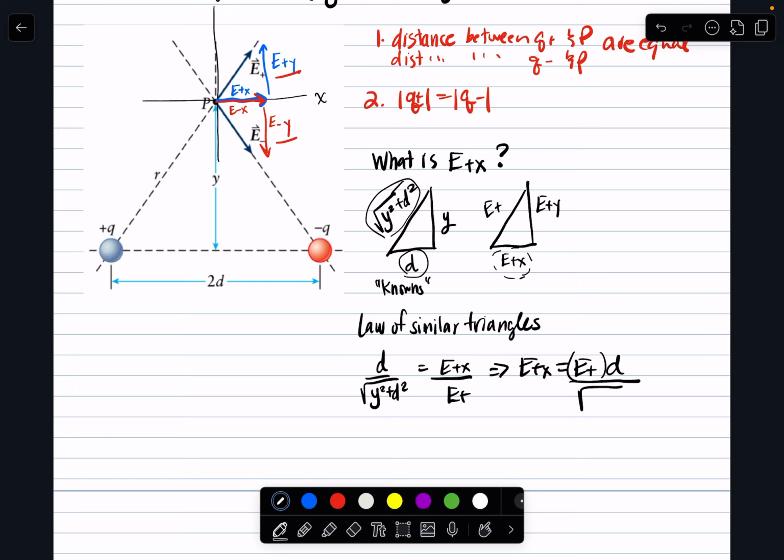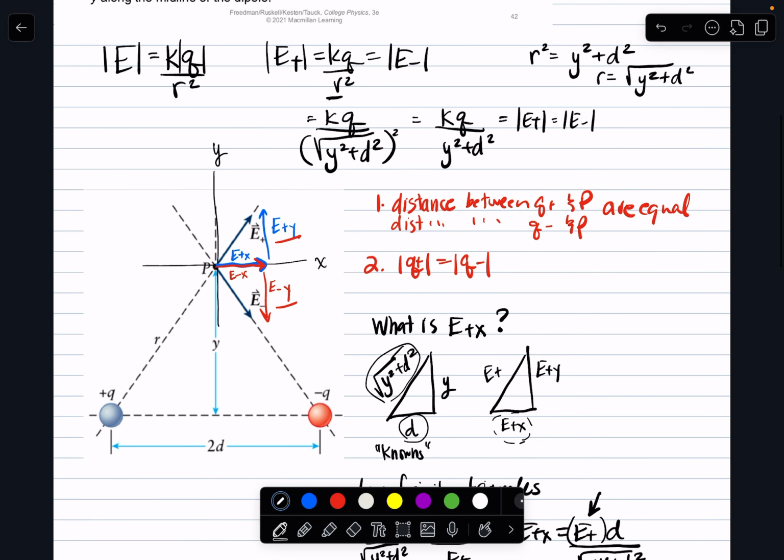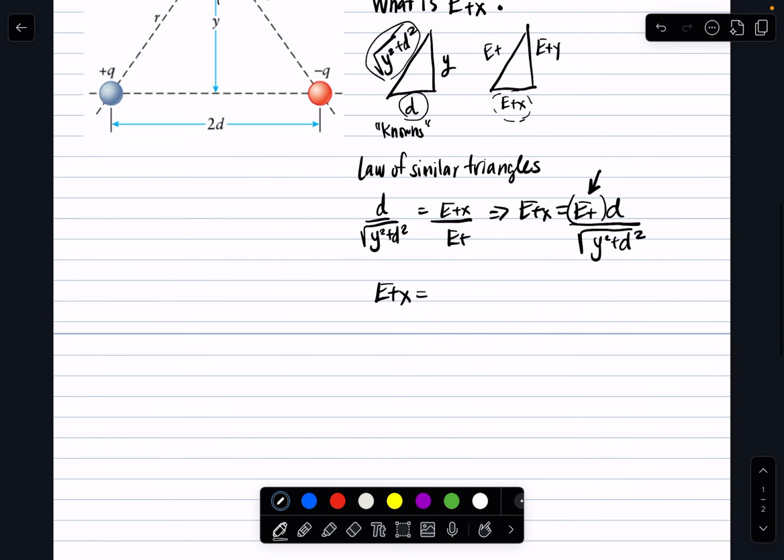D over the square root of Y squared plus D squared. And so now we can plug in what E is. E plus is this guy right here, kq over y squared plus d squared. Right, that's E plus. And then times all this junk.